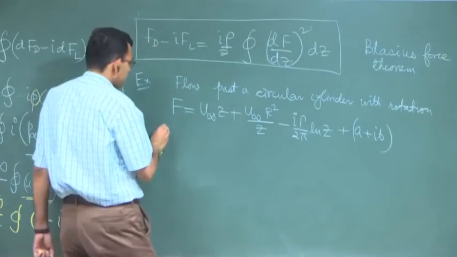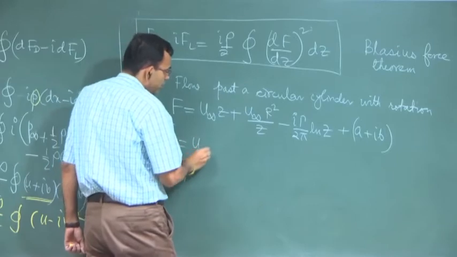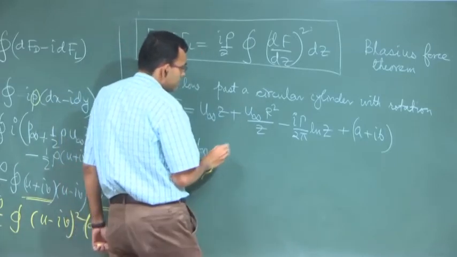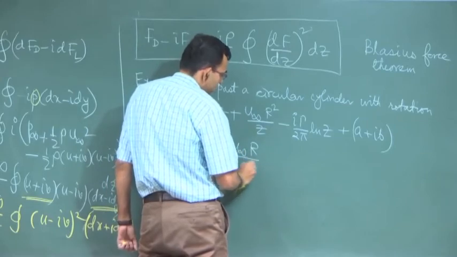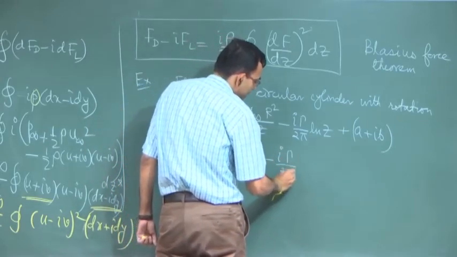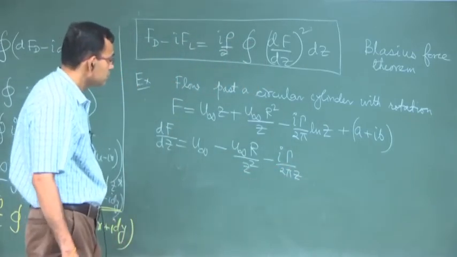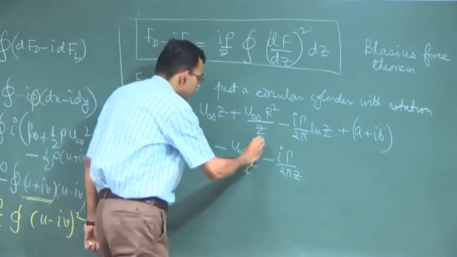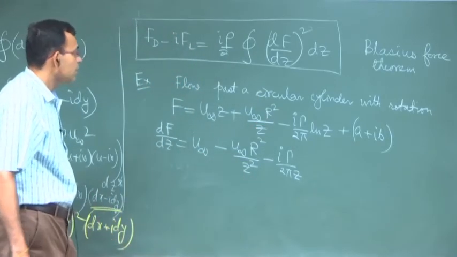So, what is df dz? U infinity minus u infinity r square by z square minus i gamma by 2 pi z. Okay.